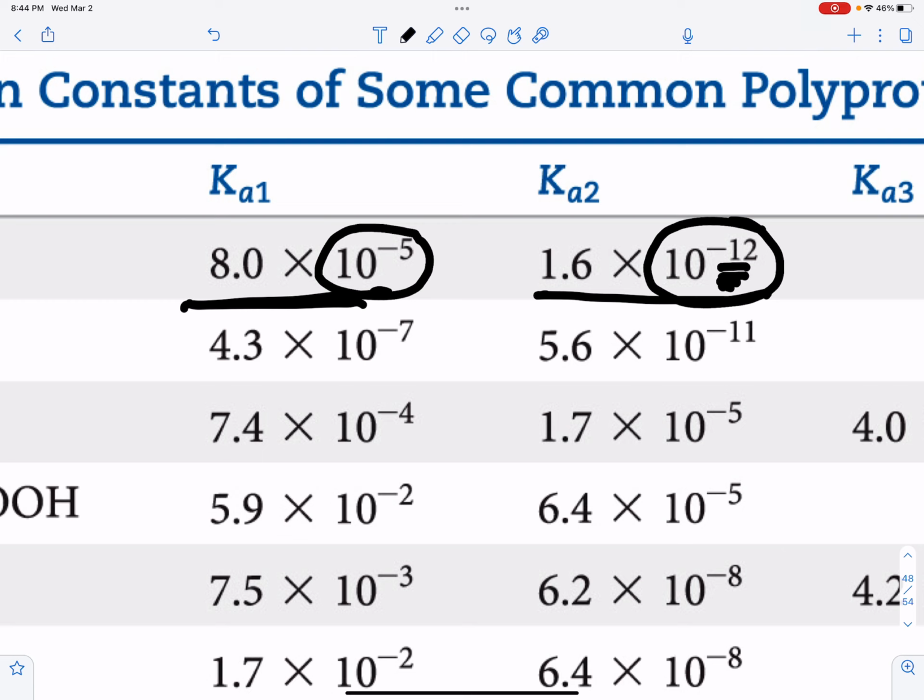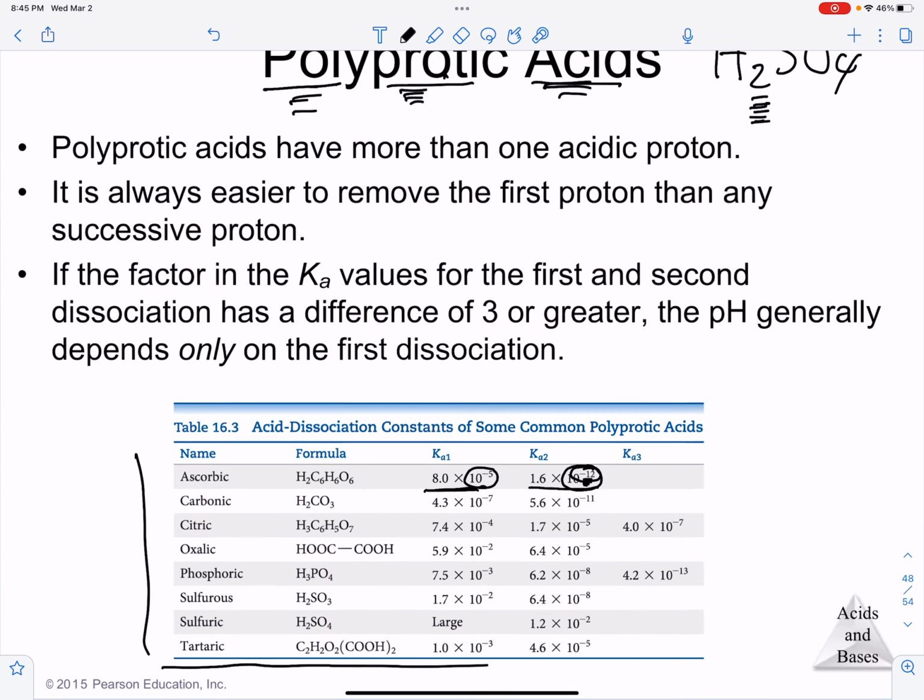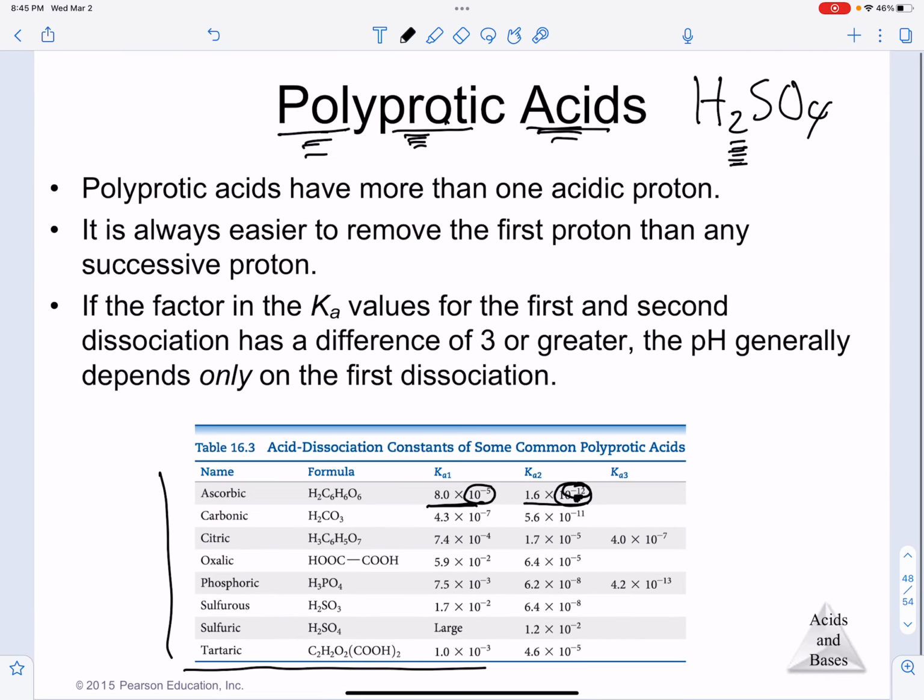So it's going to be harder for them to leave. That's why the equilibrium constant changes so much, from -5 to -12. So that's the main thing about polyprotic acids, are formulas with more than one hydrogen that can be given away, or acidic hydrogens. And each hydrogen has its own K value.